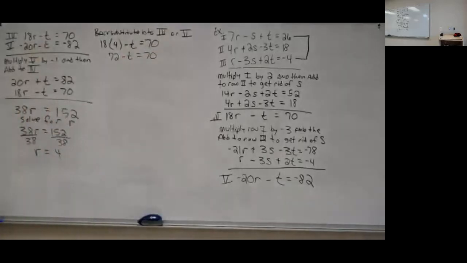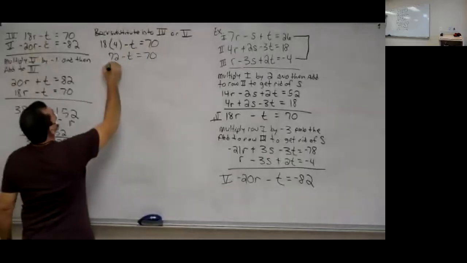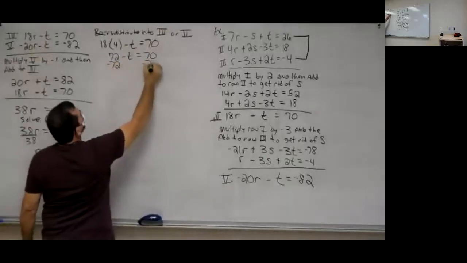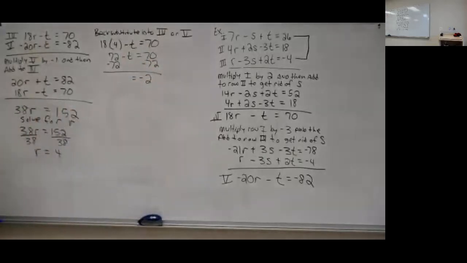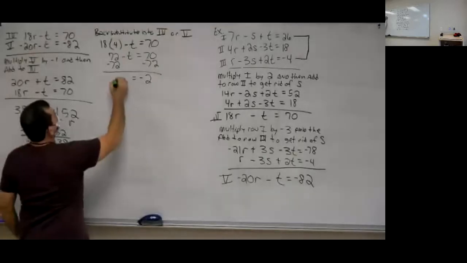All right, y'all, next one was subtract 72 from both sides. Get my T by itself. So I know 70 minus 72 is a negative 2. Y'all, here's where I get a lot of people. I subtracted that 72 from both sides and got rid of the 72. What are you bringing down on the left side? -T. There you go.